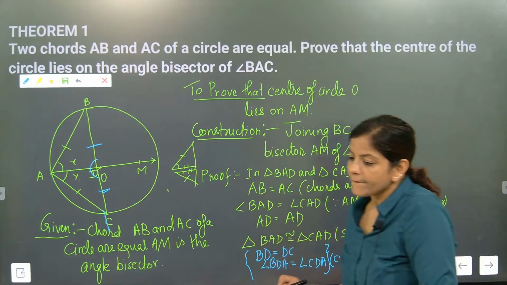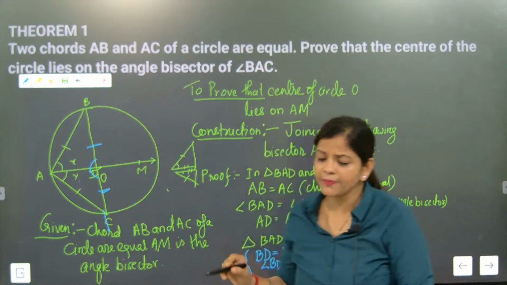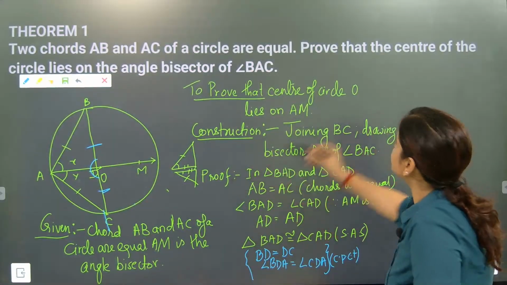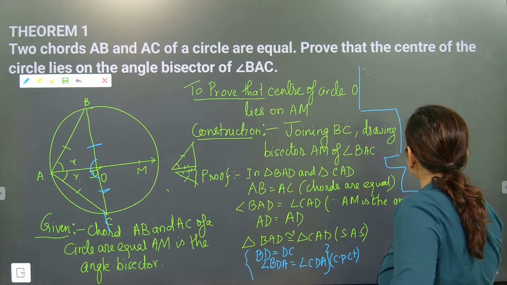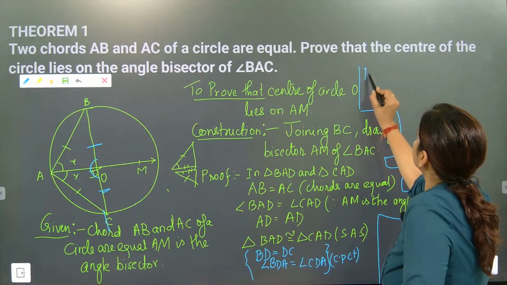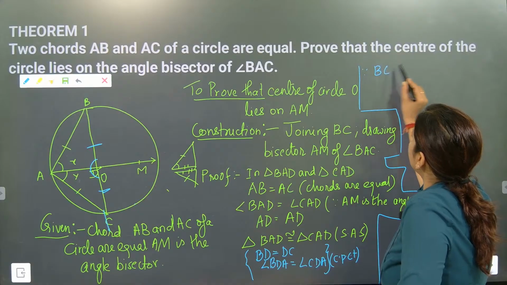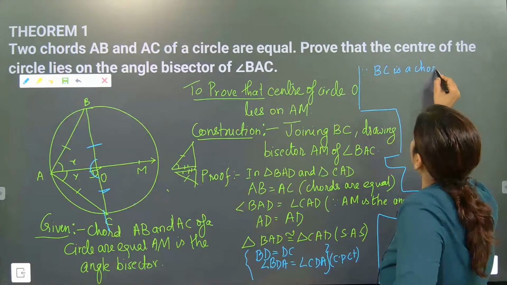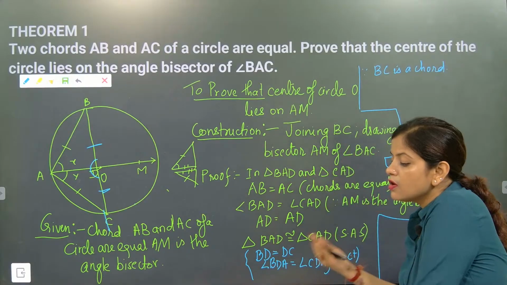So now beta, if BC is a chord, and we can take it as a line, we will take it as a chord or a line.